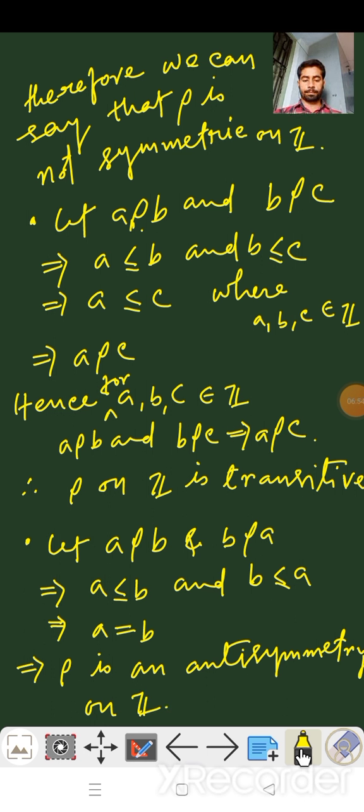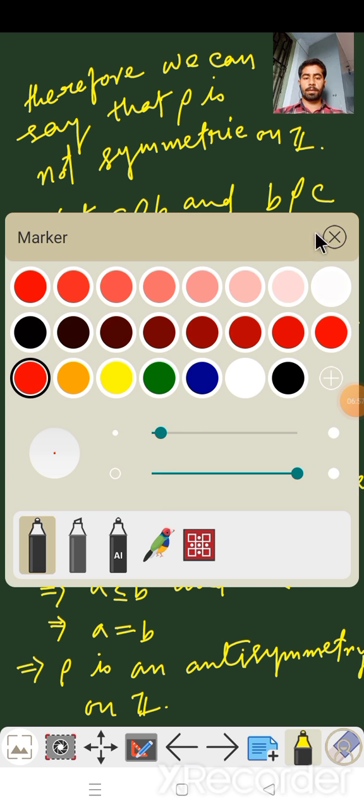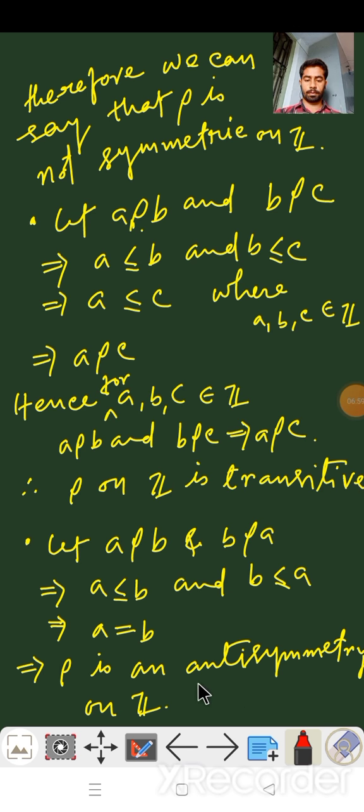So we have found the nature of the relation rho on Z in the first question.